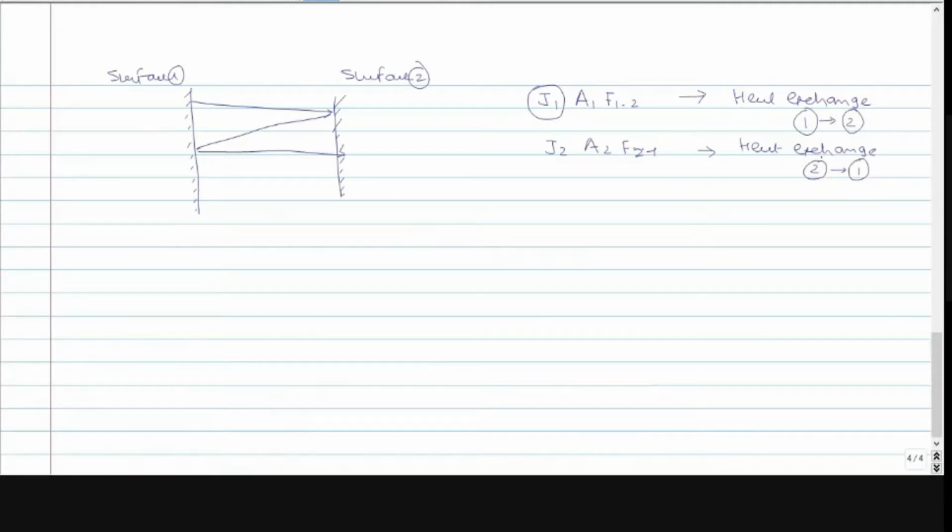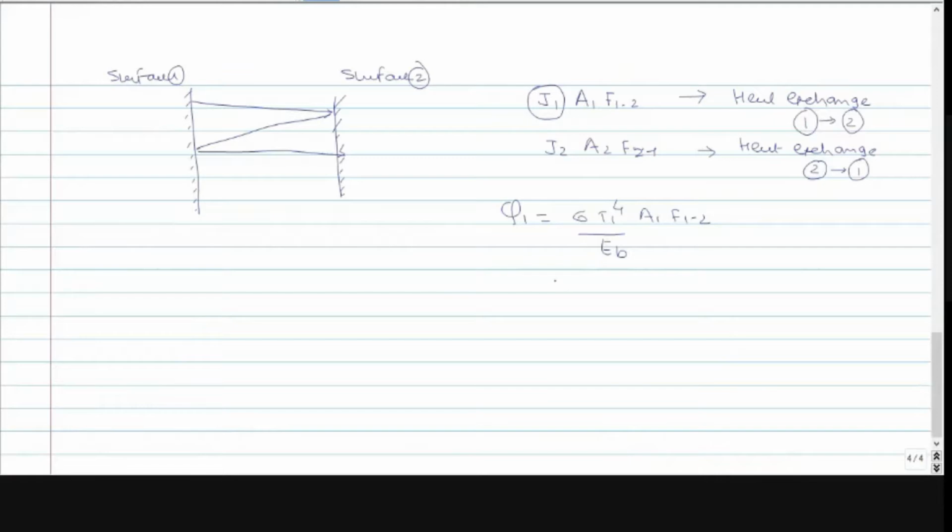See, in the previous case, if you remember the expression we derived, Q1 is equal to sigma into T1 to the power 4 into A1 into F1 to 2. That is the heat transfer from surface 1 to 2. That is for black surfaces, and we can write it as EB.